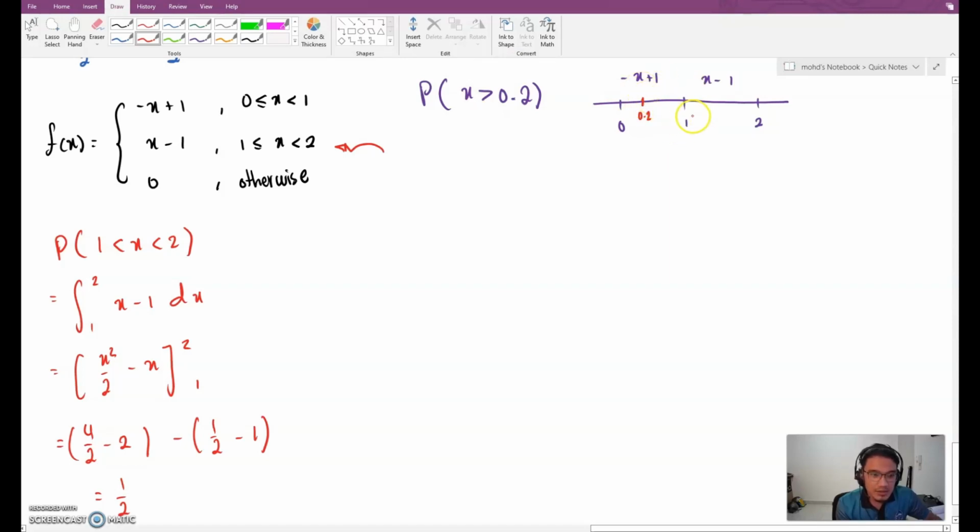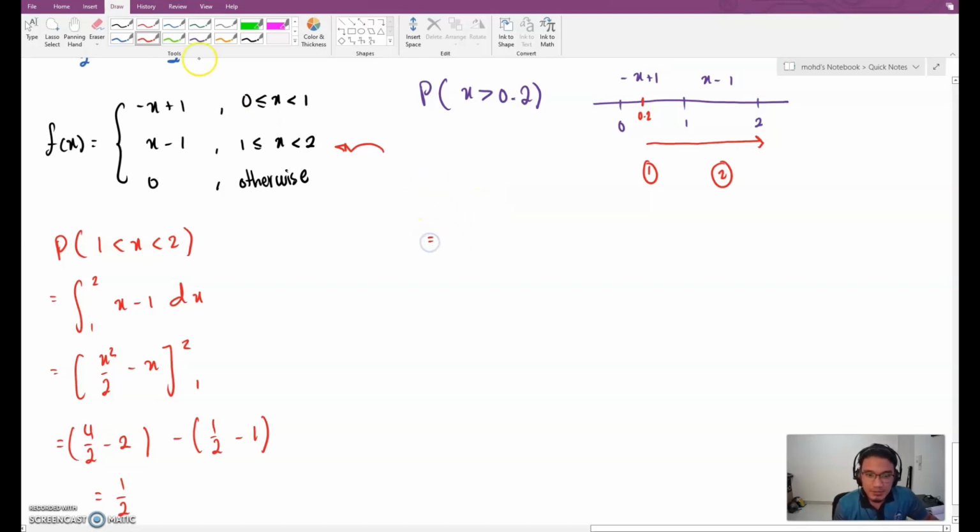So we want to find the probability from point x equal to 0.2 until x equal to 2. That covers two regions. The first region is the function negative x plus 1, and the second region is the function x minus 1.